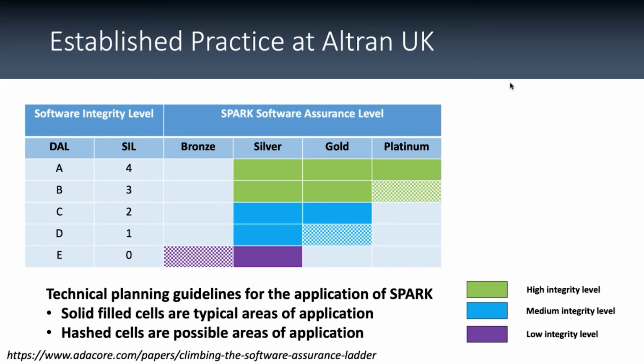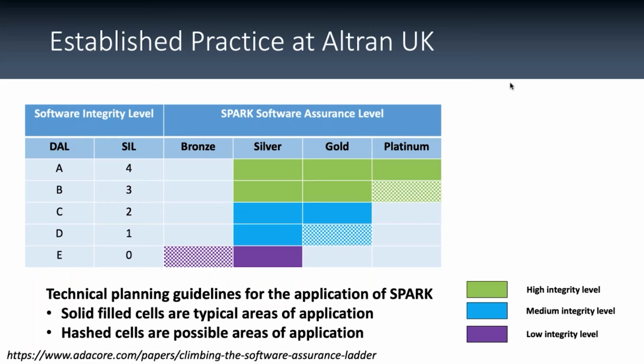So you can see that they have divided their projects in 3 buckets. In green, the high integrity level bucket for DAL A or B or SIL 3 and 4. The medium integrity level in light blue for DAL C, D and SIL 1, 2. And the low integrity level, so for DAL E and what we would call SIL 0 if it existed.